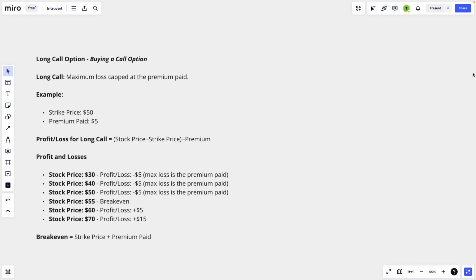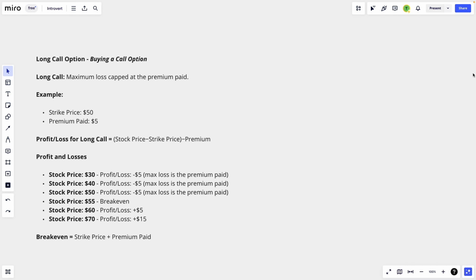And we're going to start with a long call option. So again, we're buying a call option, a long call, buying a call. It means the same thing. And again, when you buy a call option, you have the right to buy the underlying stock at the strike price before the expiration. So what we want in this scenario as a call buyer is we want the stock to go up.